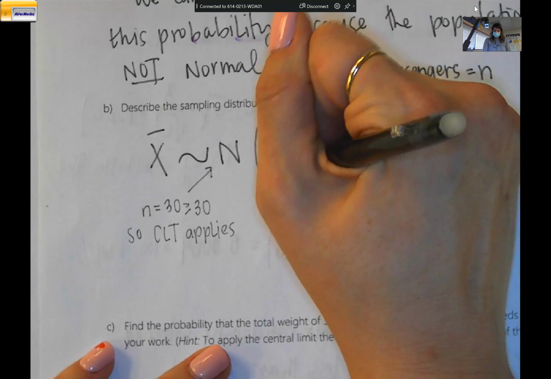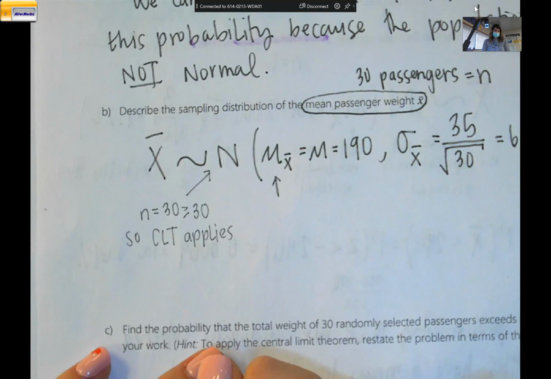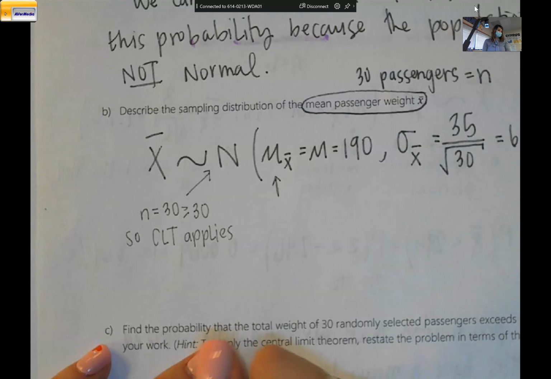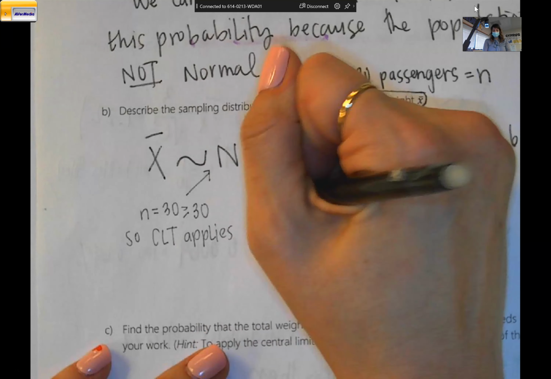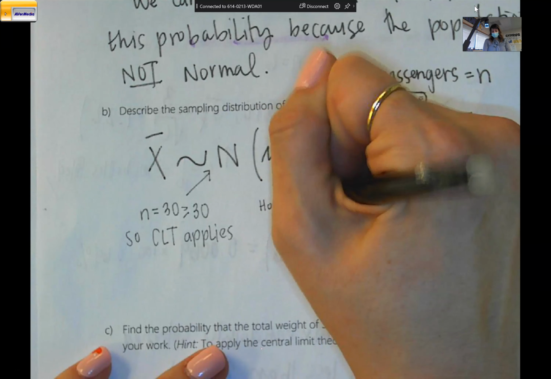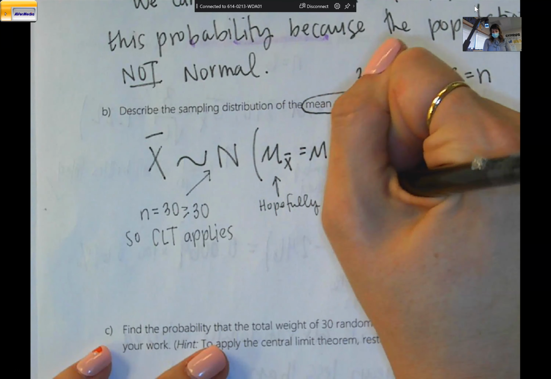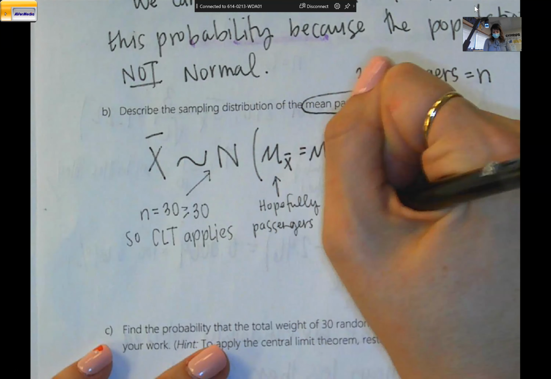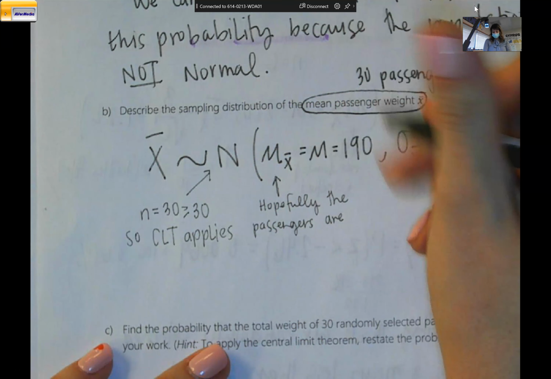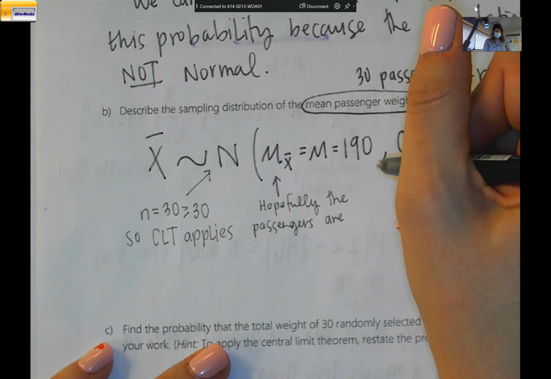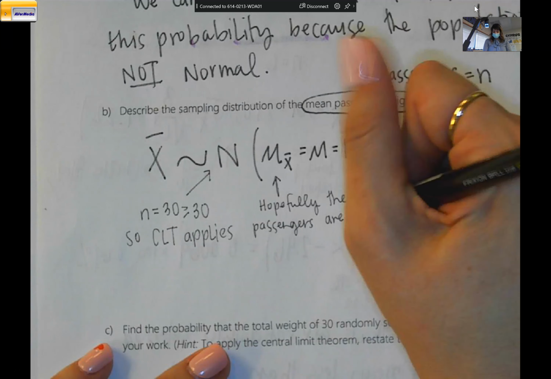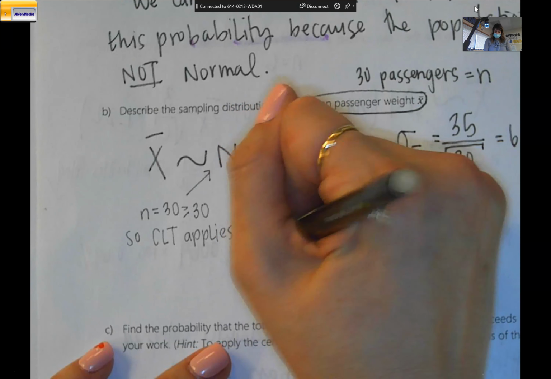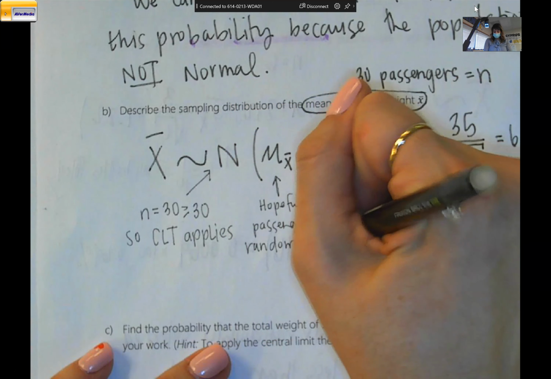Mu sub x bar. Does it explicitly state that our passengers are random? No. So what I'm going to say here is, hopefully, the passengers are a random sample.